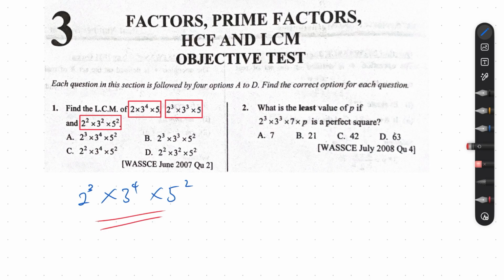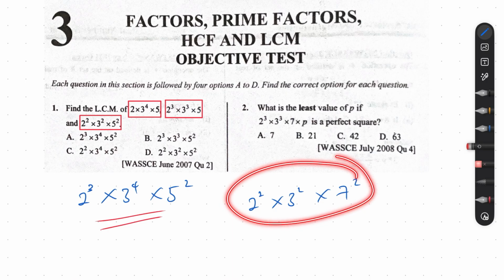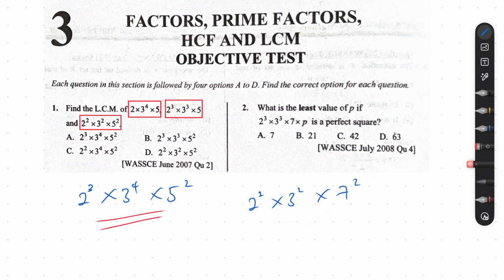So for example, if we're to have 2 squared times 3 squared times 7 squared, this would be what? This would be a perfect square, because we would end up having what? 4, 9, and 49.